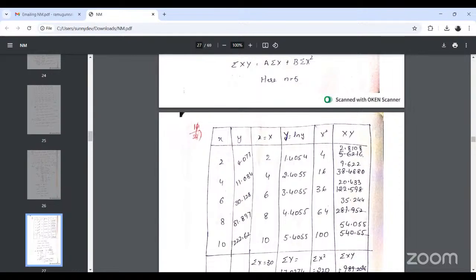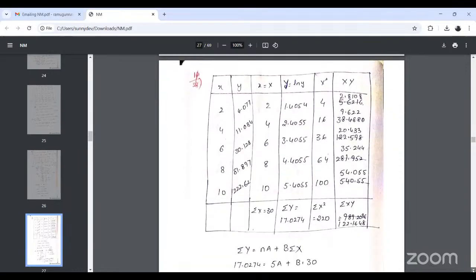And capital X into Y equal to this. So all we are getting that.